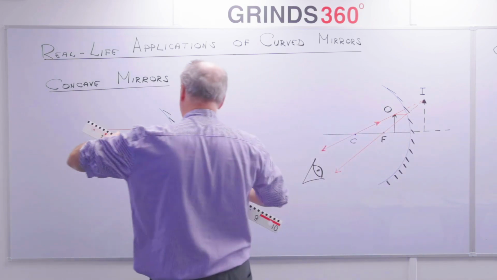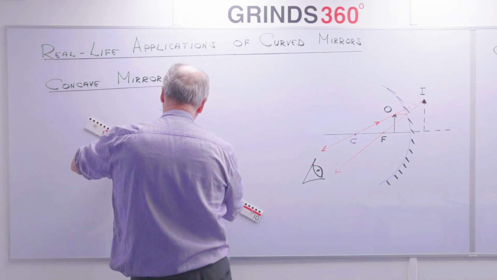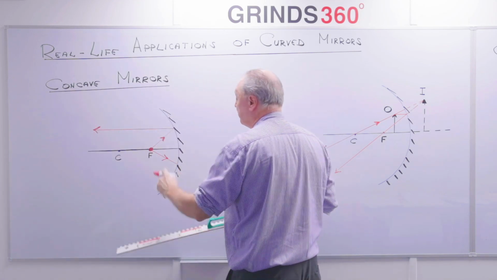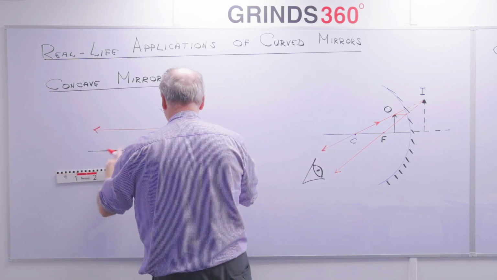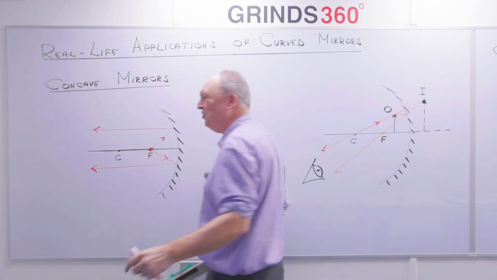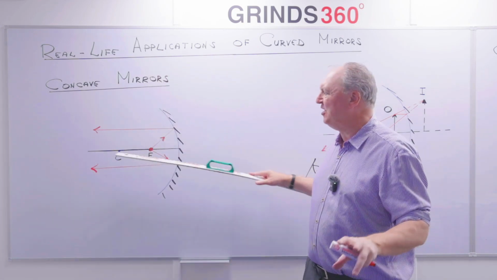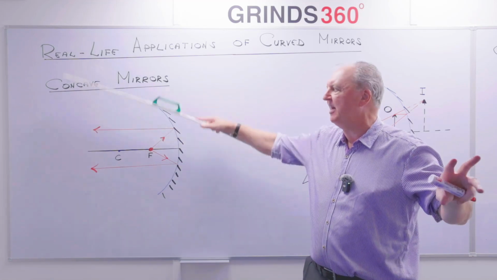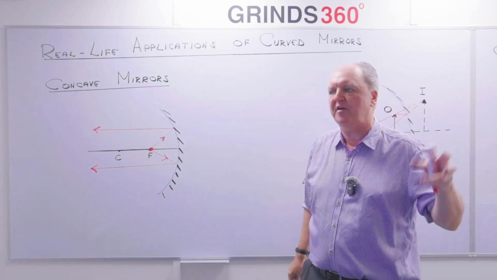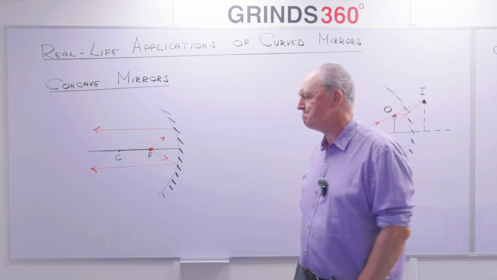So the rays of light that are coming off that light source placed in the focus, they head towards the mirror and they go out parallel to the principal axis. So what you end up getting is a lovely parallel beam of light instead of the light going all over the place. So very good for floodlights, very good for projectors, very good for car headlamps.